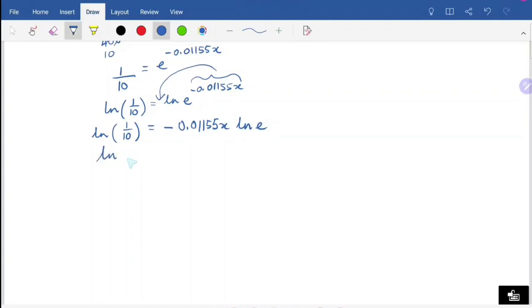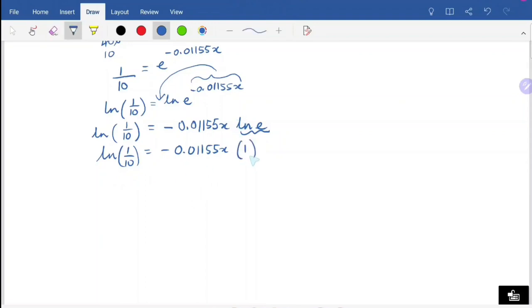So now we have ln of 1/10 again on the left hand side. Now ln e is a 1. So we can write this as negative 0.01155x times 1, right? So anything times 1 is itself.